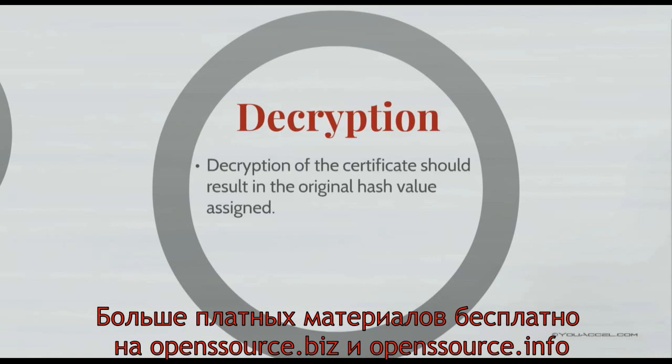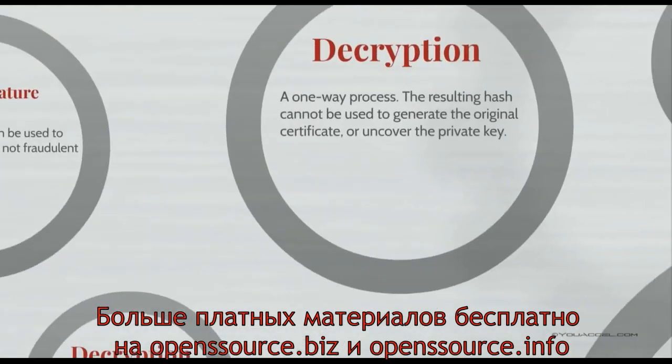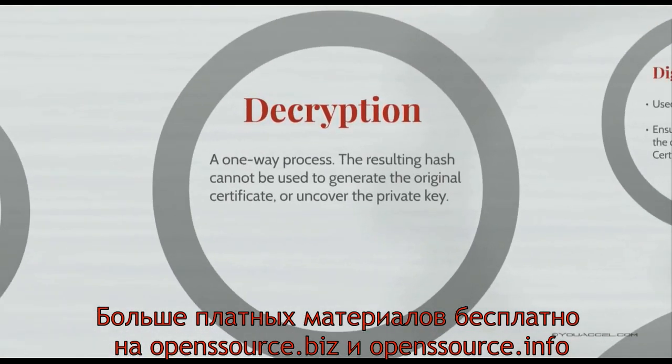If the same hash value is not obtained, the certificate has likely been tampered with or corrupted. It's important to note that this decryption cycle is a one-way process. The resulting hash cannot be used to generate the original certificate or uncover the private key.